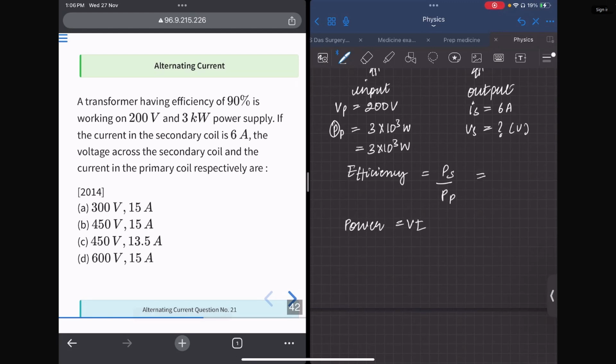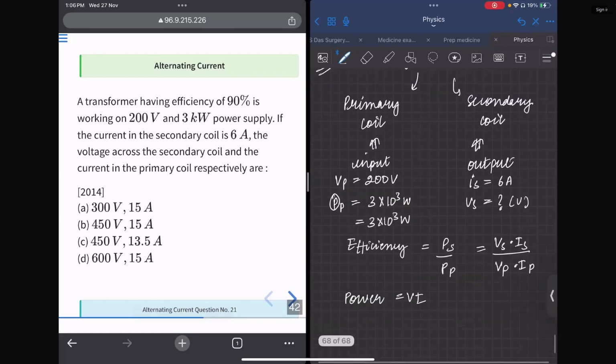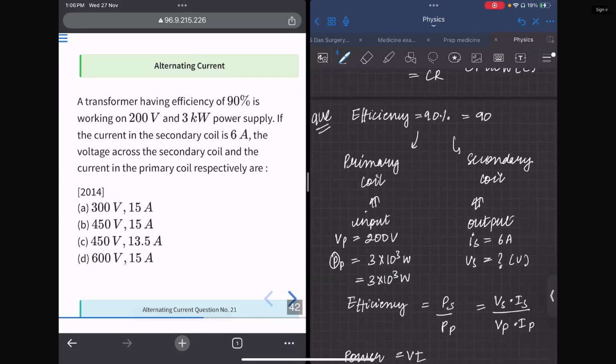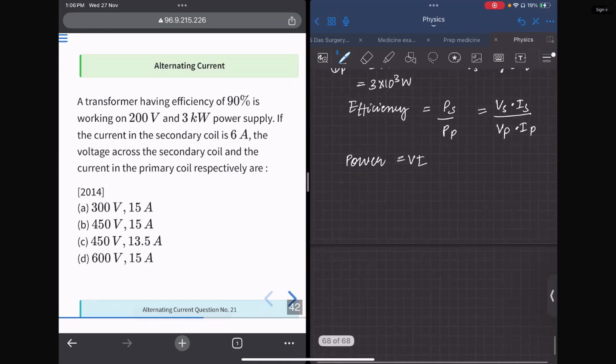So it can be written as V of secondary coil into I of secondary coil divided by V of primary coil into I of primary coil. So efficiency they have given as 90%. So efficiency is 90%. It can be written as 90 by 100. So 90 by 100 is equal to Vs into Is upon Vp into Ip.